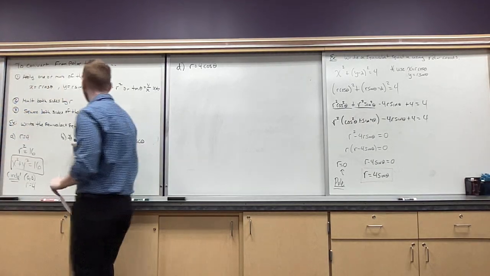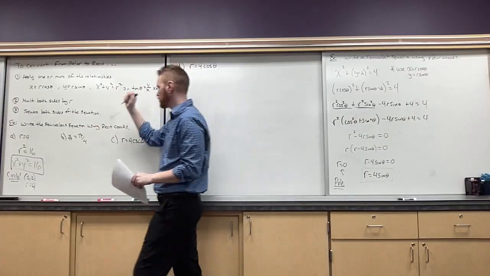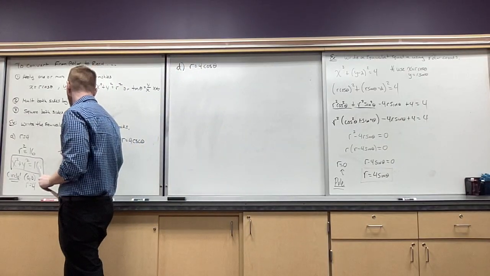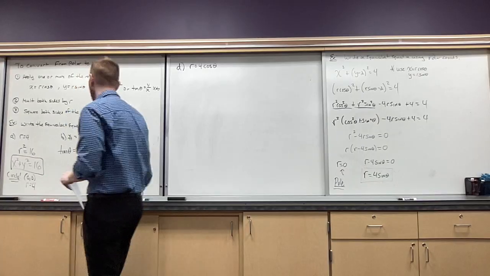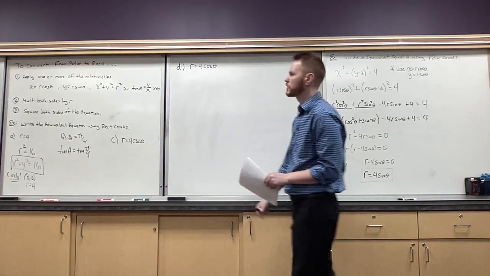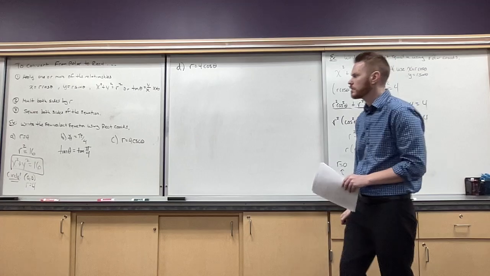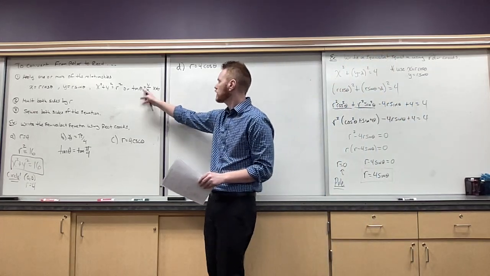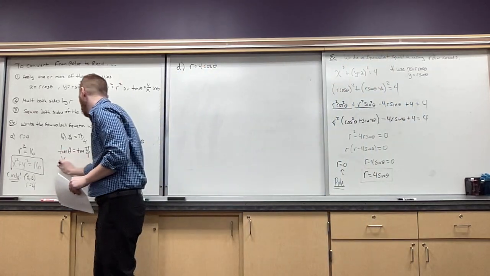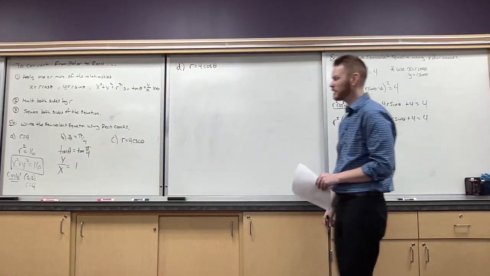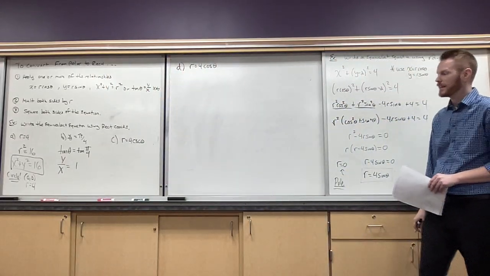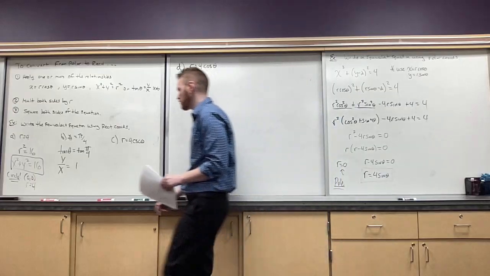All right, this one has theta, so I'm probably using something like this. I'm going to take tangent of both sides. So I'm using the first relationship. Now, tangent of theta is y over x, so I'm going to substitute that. And tangent of pi over 4 is 1, so that's nice. And then just multiply both sides by x.